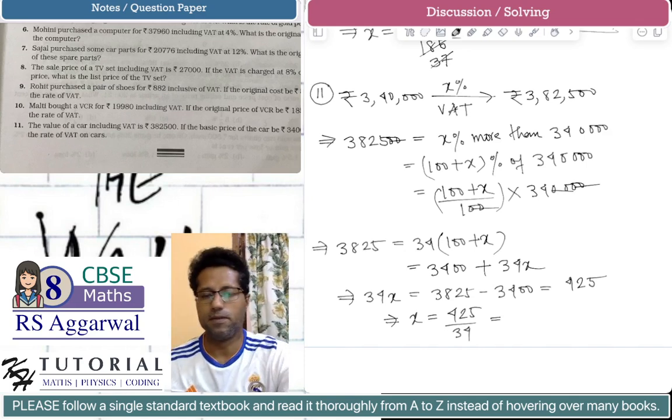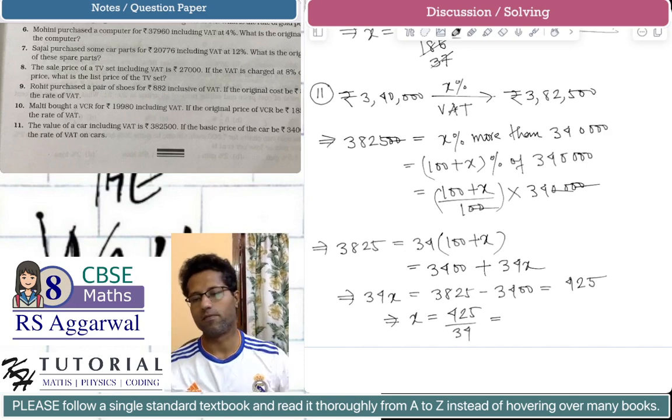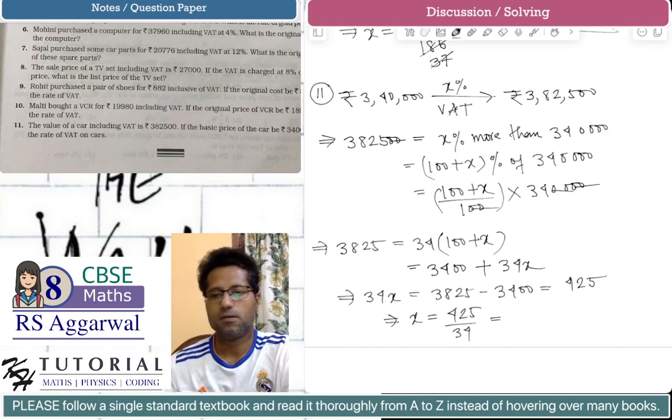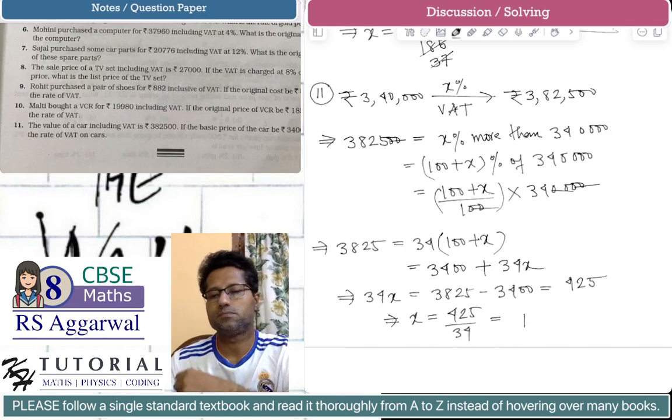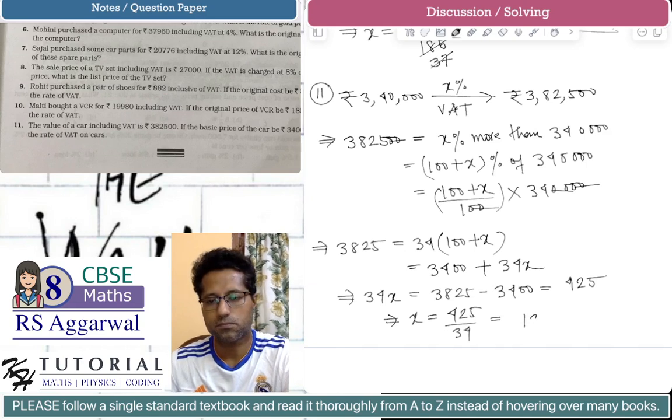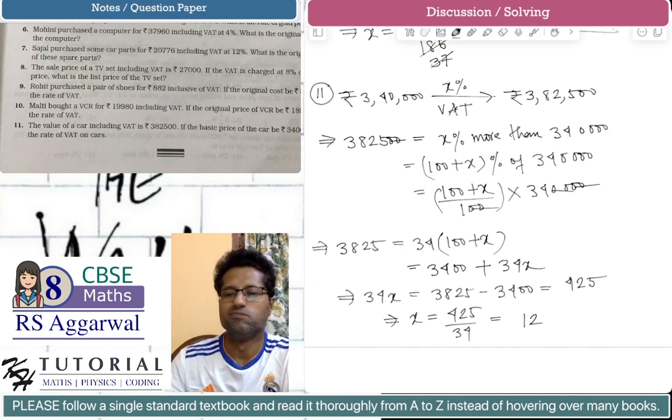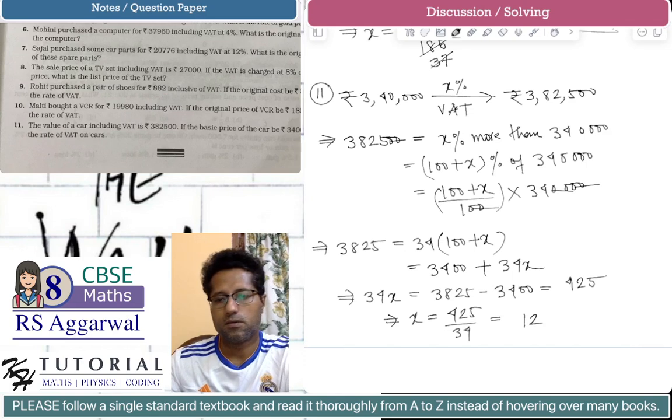Whenever any percentage comes as an improper fraction, it is always recommended to express it as a mixed fraction.